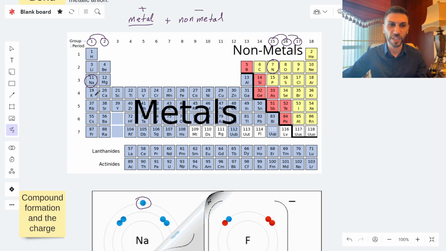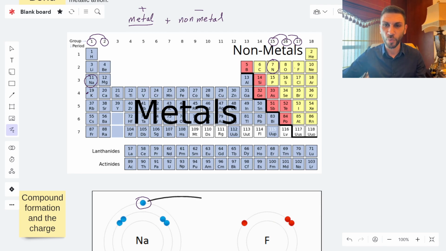So any elements you can choose. For example, potassium and fluorine. We can do beryllium and sulfur. We can do calcium and oxygen, then calcium and phosphorus, etc.